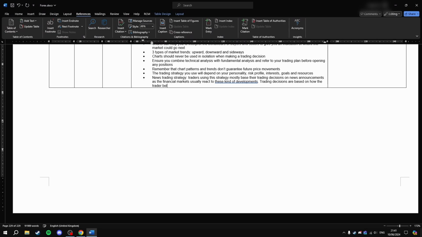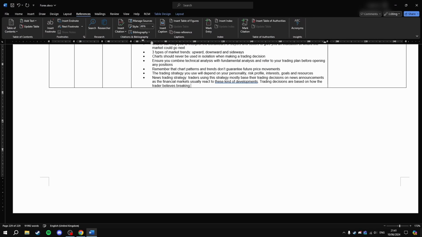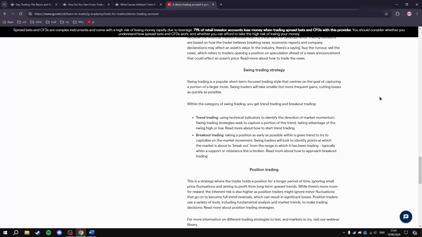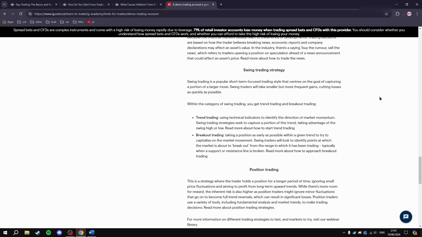In the industry, there's a saying, buy the rumor, sell the news, which refers to traders opening positions on speculation ahead of a news announcement that could affect an asset's price. Read more about how to trade the news.